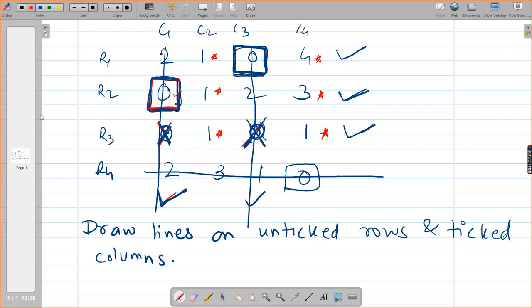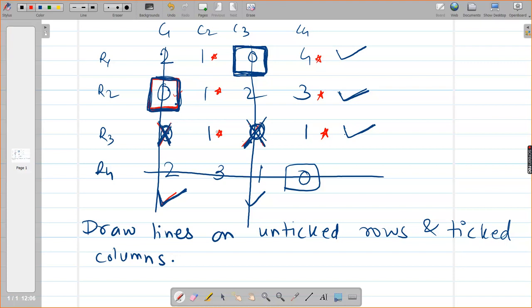And then what we will be doing is, see, next step is very important. After drawing these lines, find out the least entry among all the numbers which are not on any line. Which are not on any line, that means these starred numbers. Red star वाले जो numbers है, इनमें से minimum entry आपको ढूंढनी है.